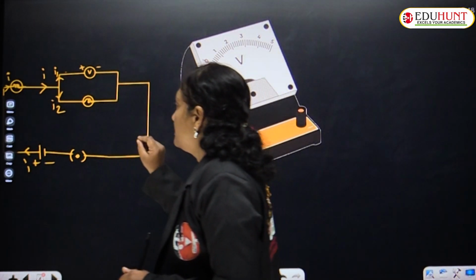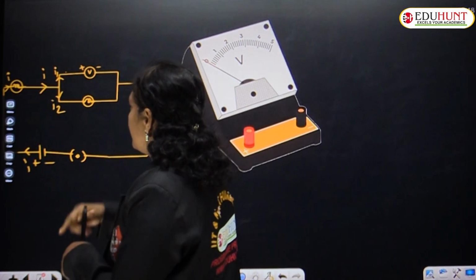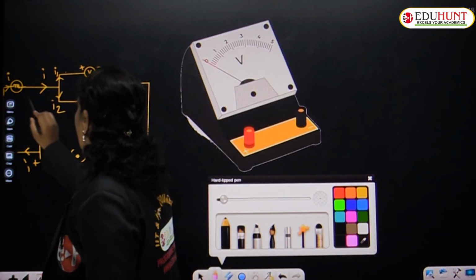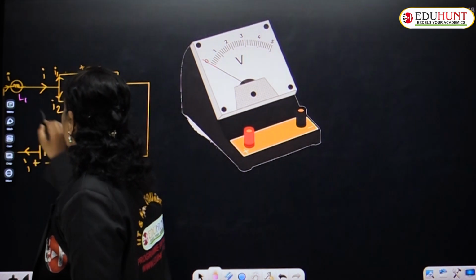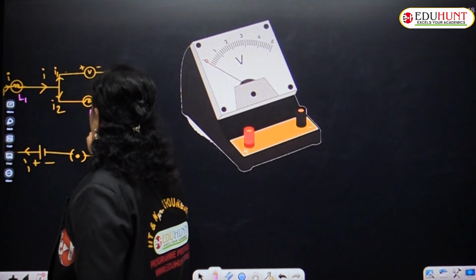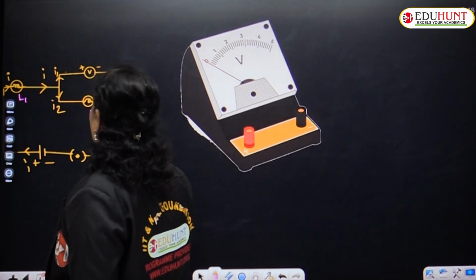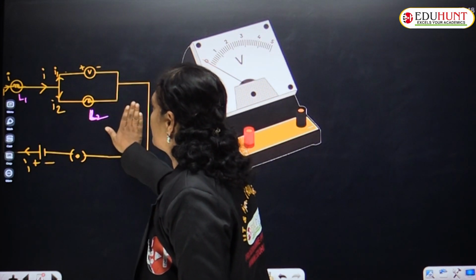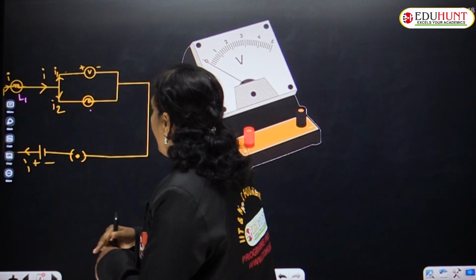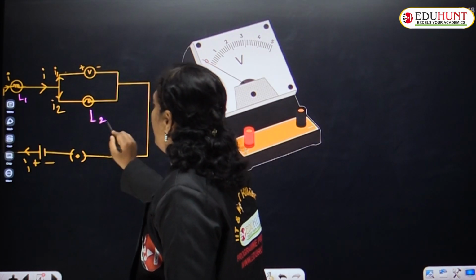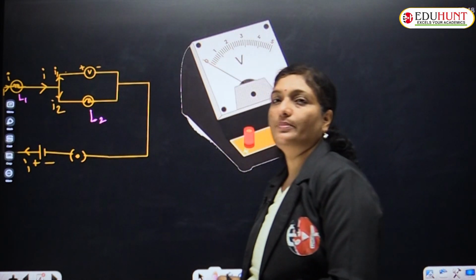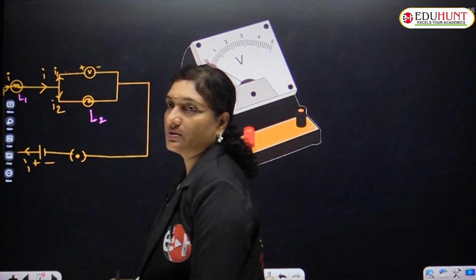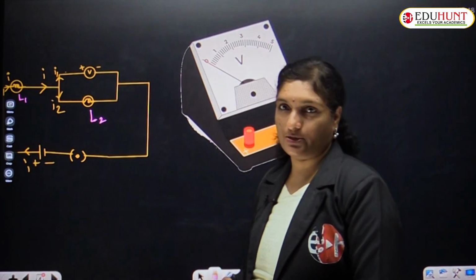If you consider two bulbs, let me name those bulbs L1 and L2. These are two different bulbs, and we have connected the voltmeter across the second bulb, say L2.